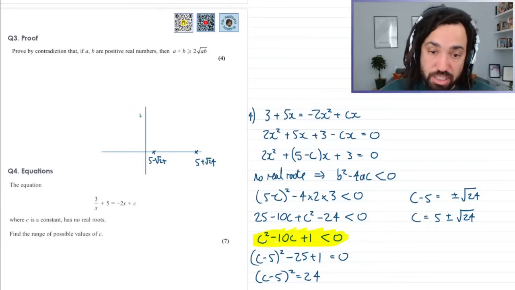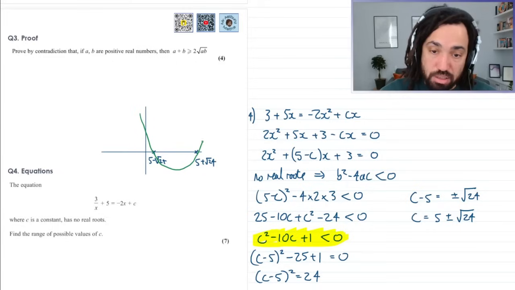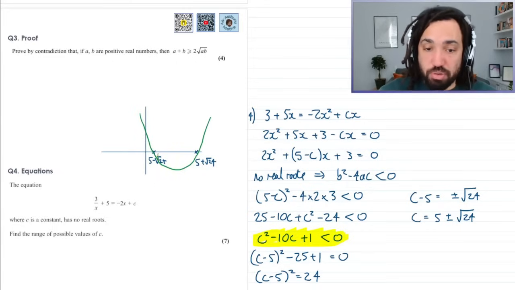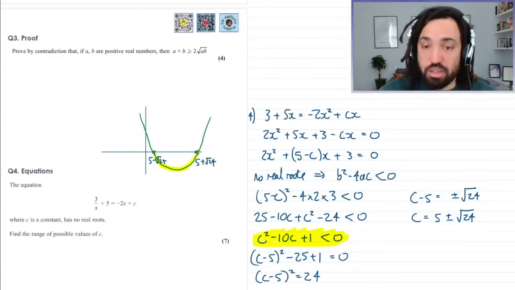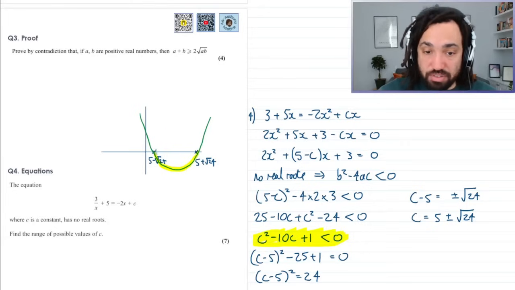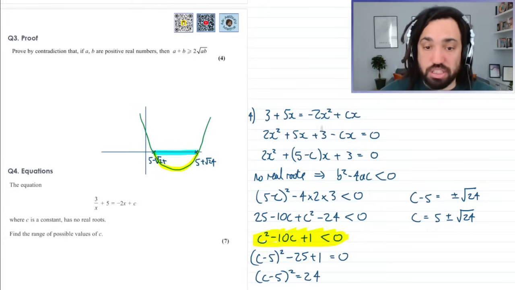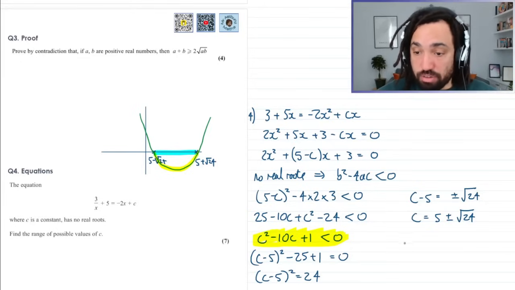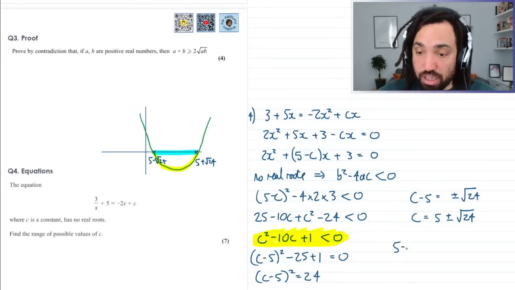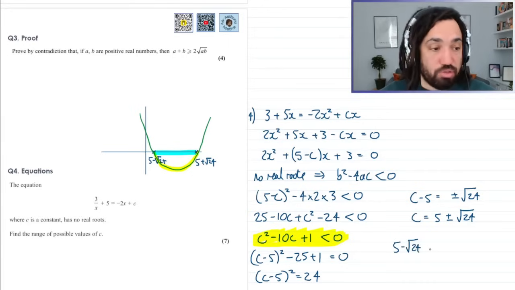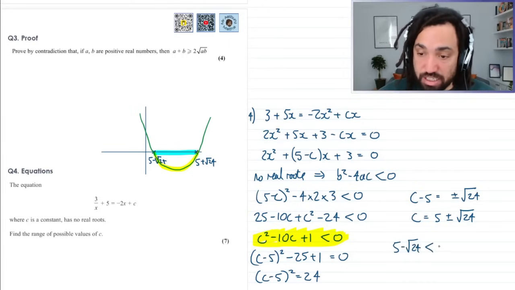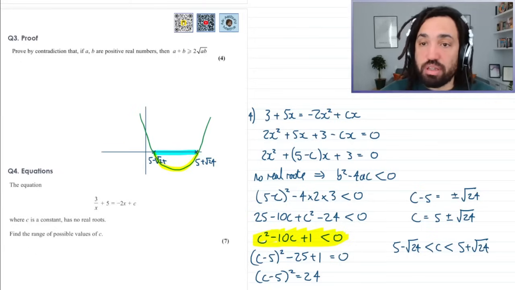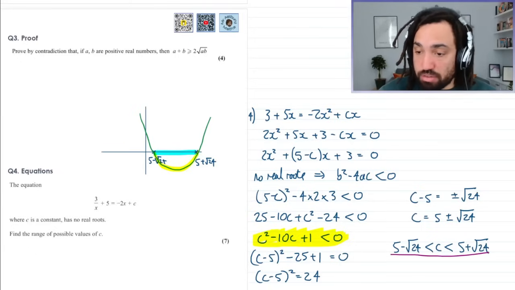And when the quadratic comes in, it will look like that. And we're looking for all the values which are less than 0. So therefore we're looking at all the x values which are along this line here. So our final answer will be 5 minus the square root of 24 is less than c, which is less than 5 plus the square root of 24. And that is our final answer for this question.